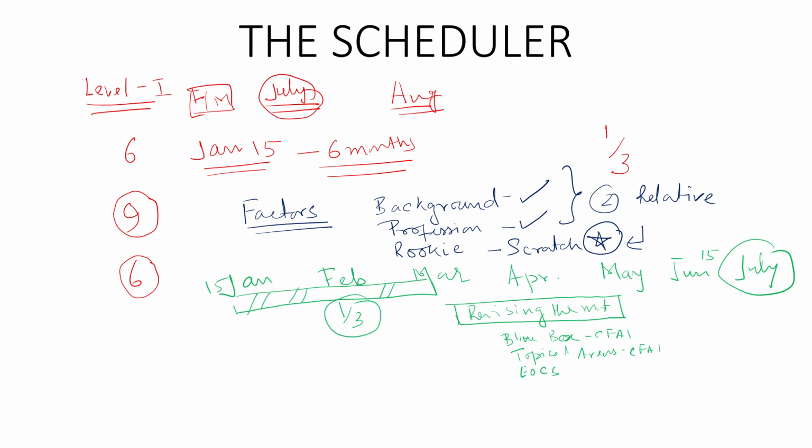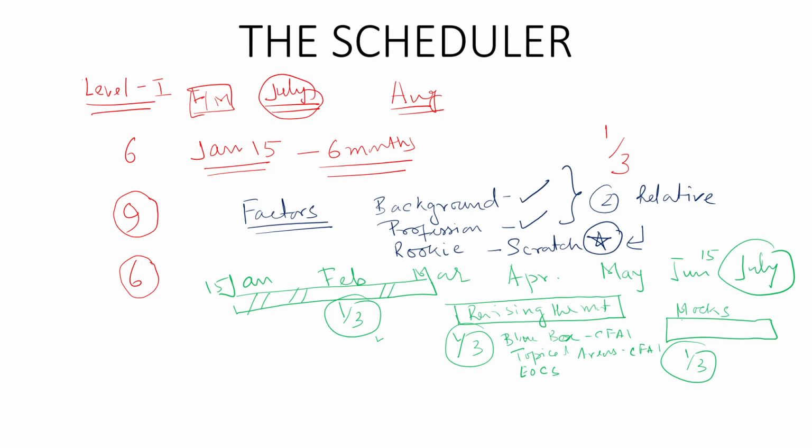Now, this is the first 1/3, this is the second 1/3, and this is going to be my last 1/3. This last 1/3 is going to be reserved for all the mocks, and as is famously said in CFA preparation, mock till you drop.